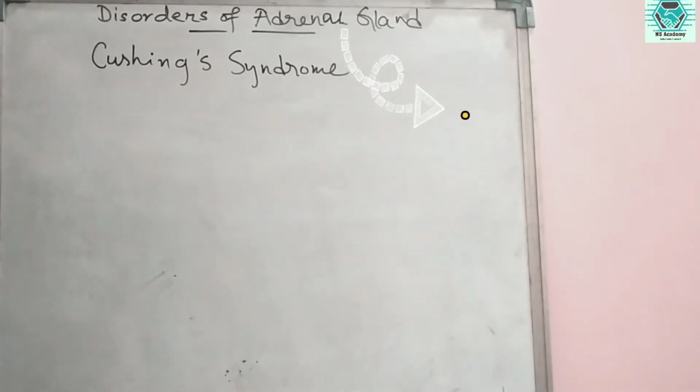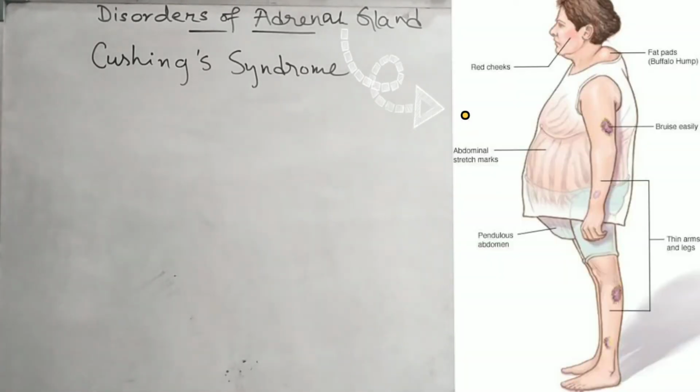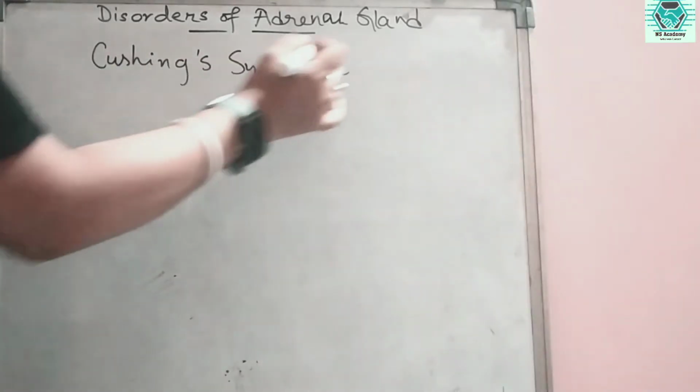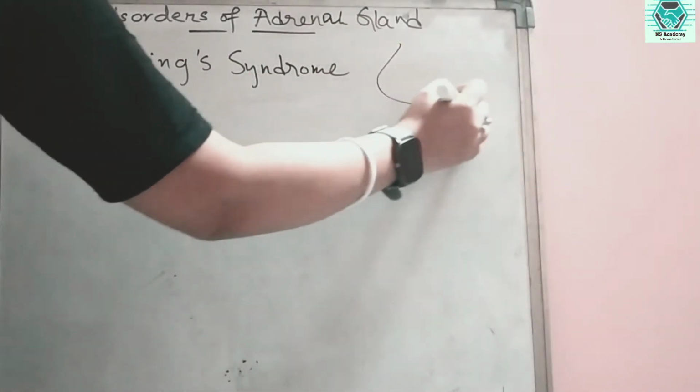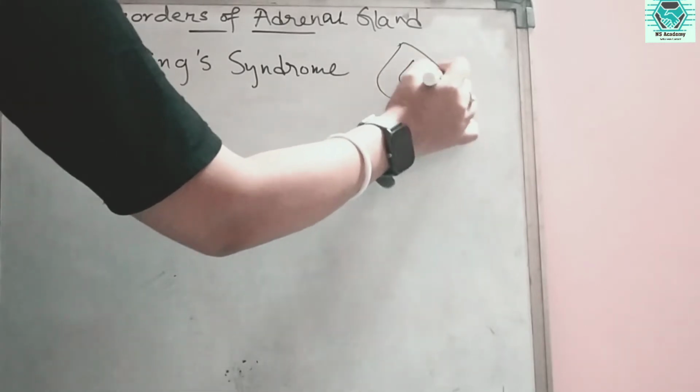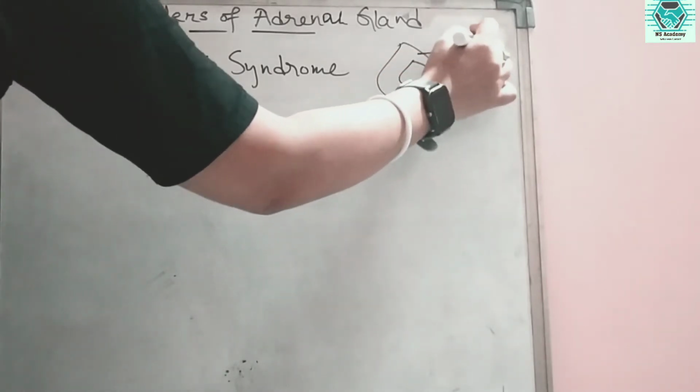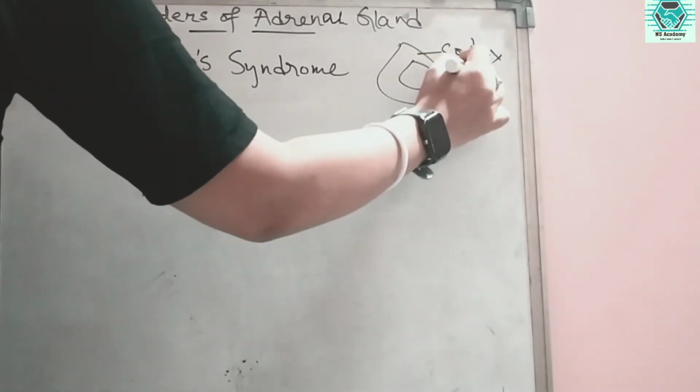Today I will discuss the disorders of the adrenal gland. In our previous discussions we learned about the adrenal gland, its structure and the hormones secreted from this gland. We know already that the adrenal gland is a conical shaped gland which has a cortex region and the medulla.